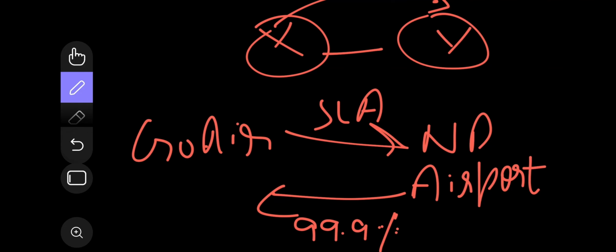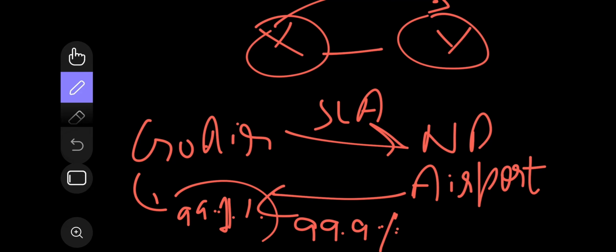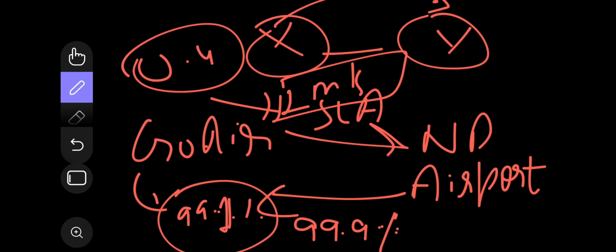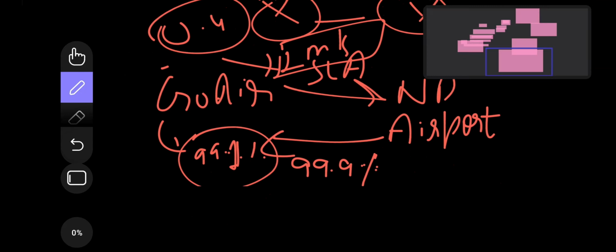Now suppose one day Go Air comes and says that, after the end of 1 year, you only provided us 99.1% availability. So for this 0.4%, you will have to pay us $1 million, because this was the agreement. This is how SLA works.